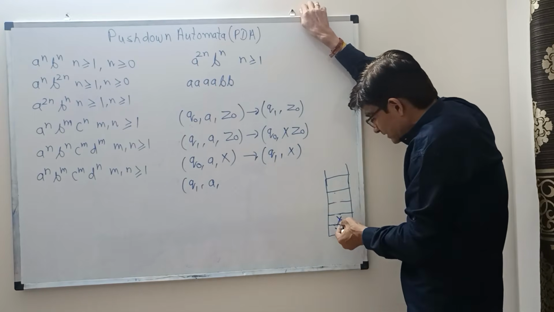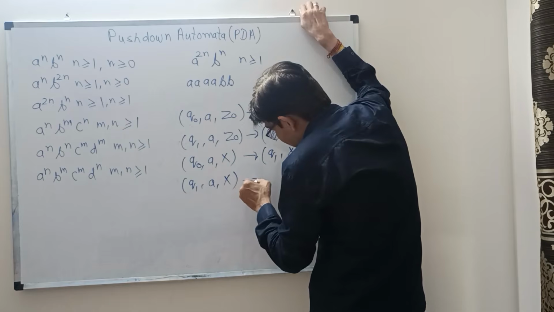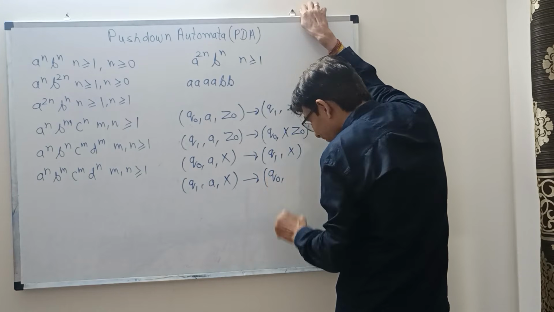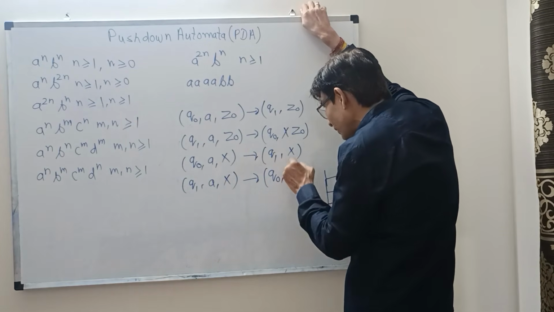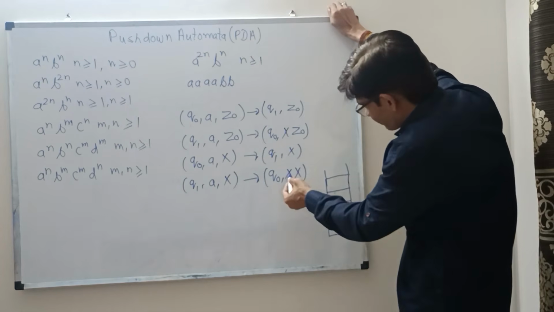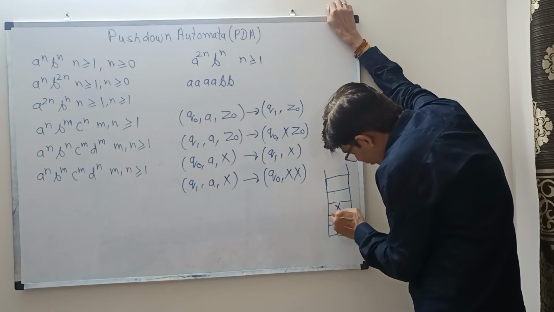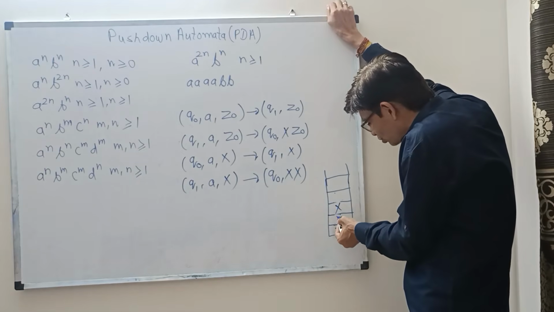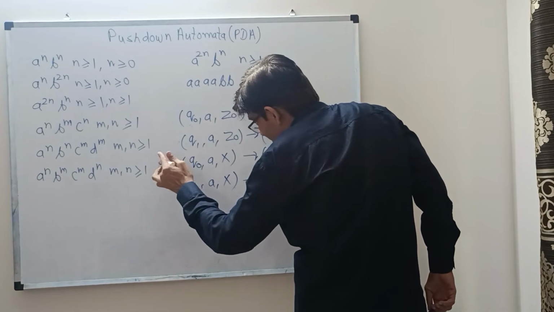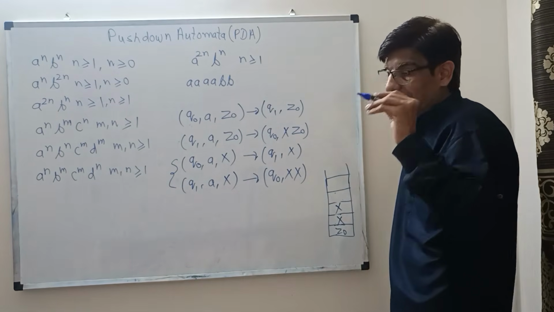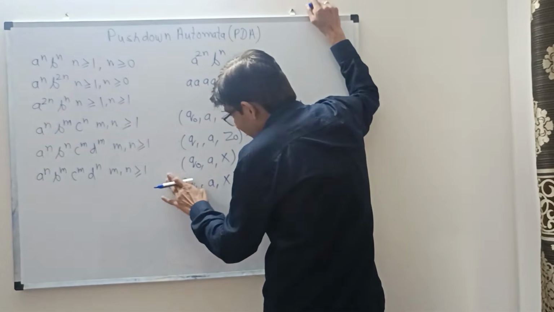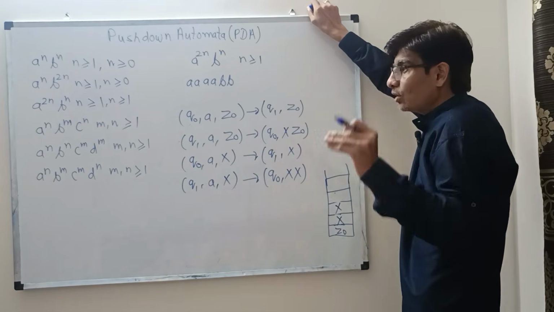Again, the stack top is X. Now what will we do? We will switch back to Q0, and we will push one more X into the stack. So for 4 A's, we have pushed only 2 X's into the stack. And now after this, these two rules you can use to read any number of pairs of A's. Now, after reading all the A's, we will read the first B.